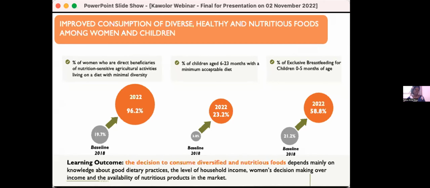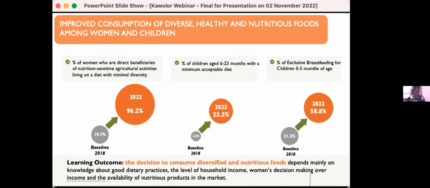We'll talk about improvement of consumption of diverse, healthy and nutritious food among women and children through 3 indicators. The first one is about women on a diet with minimum diversity. The second one is about children aged 6-23 months with a minimum acceptable diet. And the last one is about exclusive breastfeeding for children less than 6 months of age.